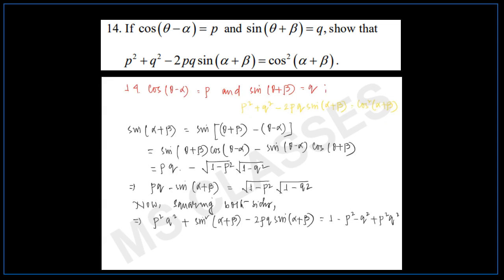Now you can see that P square Q square here and P square Q square there are the same, so that will get cancelled out. So we write here P square plus Q square minus 2PQ sine alpha plus beta equal to 1 minus sine square alpha plus beta. That gives us cos square alpha plus beta.